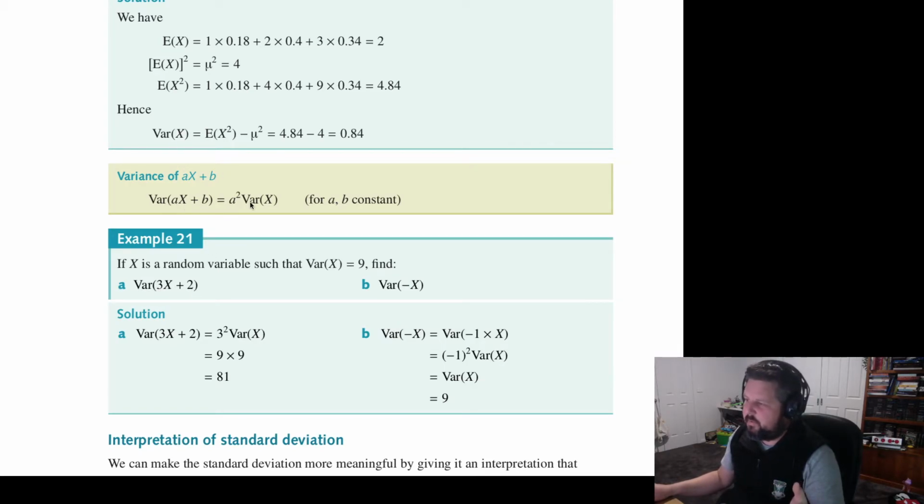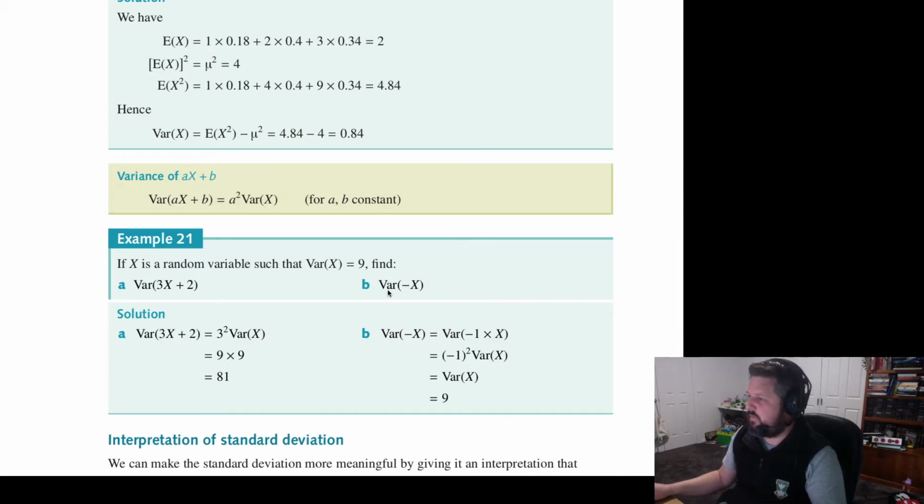So from this formula here, that 3 can live out the front and square it. Yep, it's the same. Doesn't matter what this b constant is here. Again, if you pull that out the front, you've got 3 squared multiplied by the variance of x. 3 squared is obviously 9. They've told you up here that the variance of x is 9. 9 times 9 is 81. We can work that out.